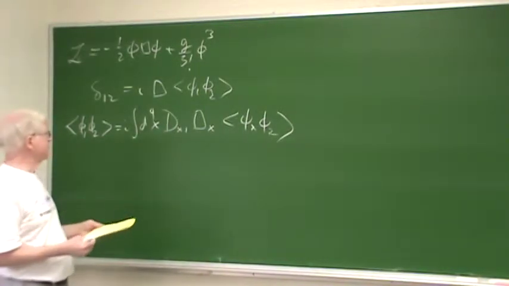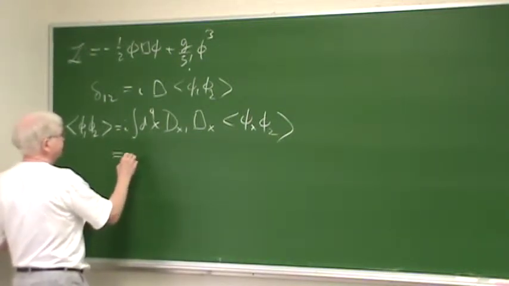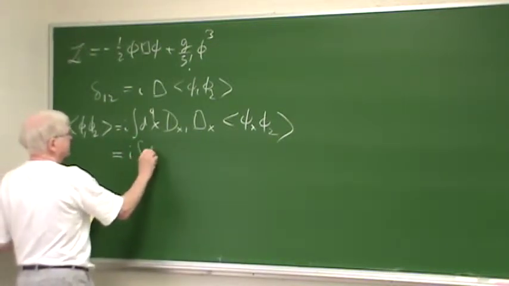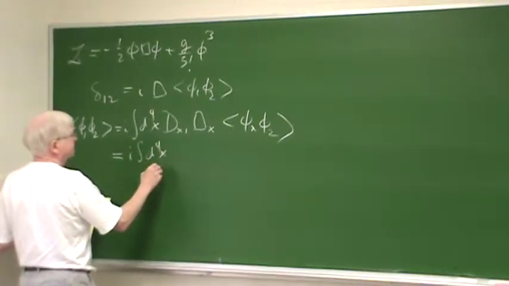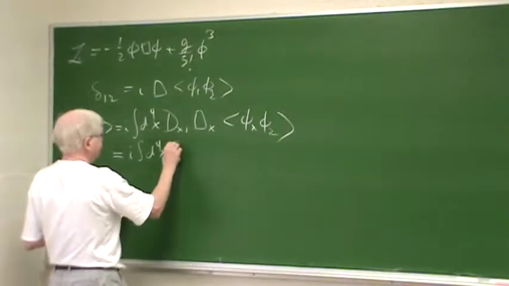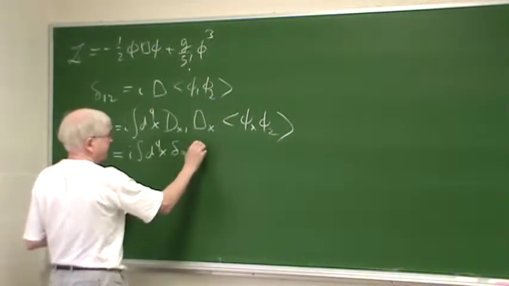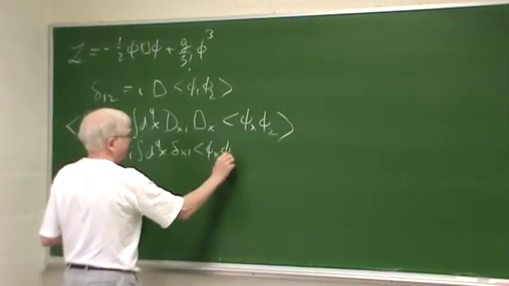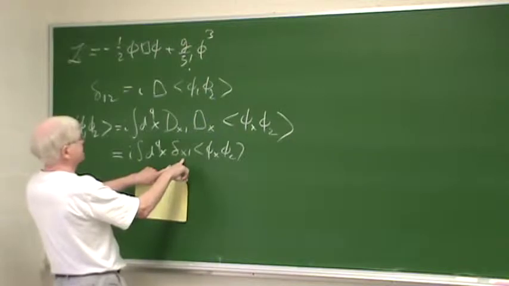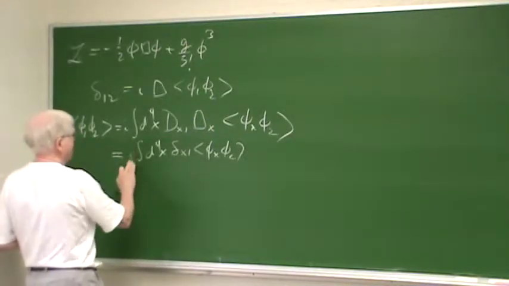The line we skipped was that this is equal to i integral d^4x delta(x - x1) <phi(x) phi_2>, and delta x1 is, no, there's no i here.